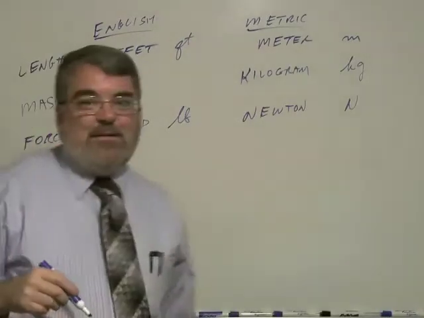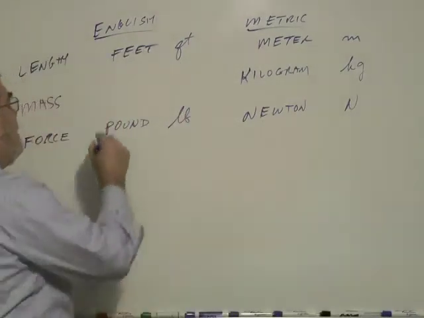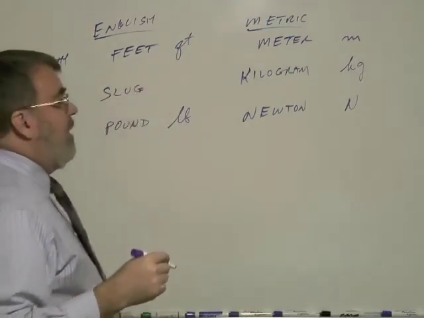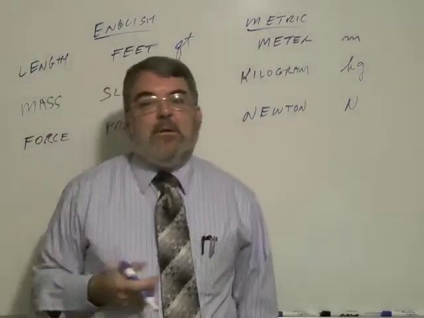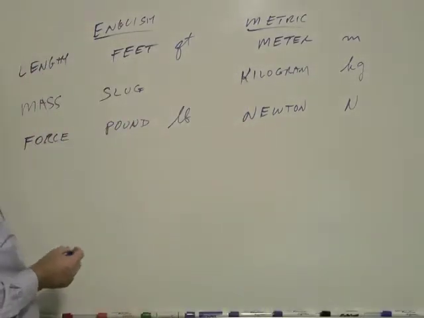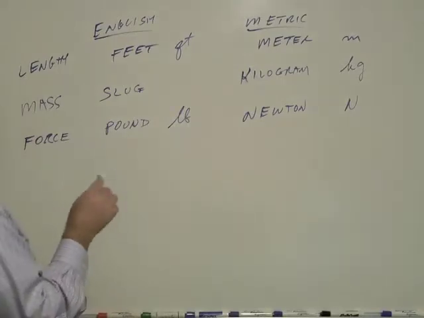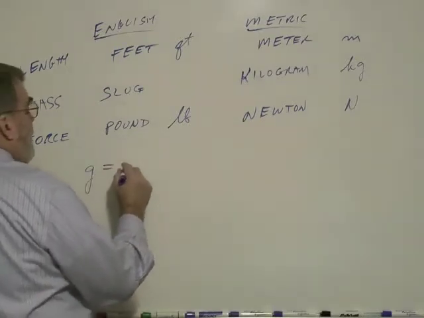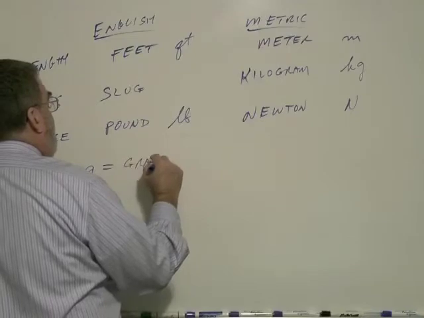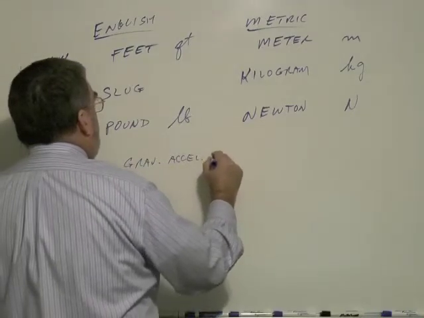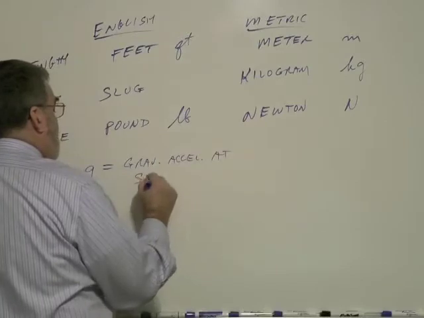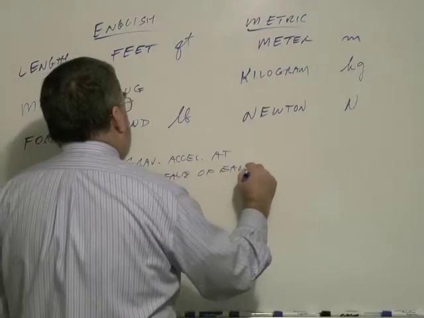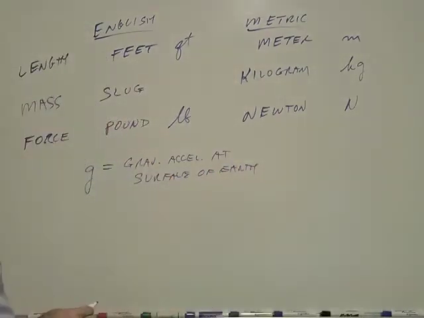What's the unit of mass in the English system? Well, it's a word we don't hear much in this context, and it's called the slug. I'm not sure if there's an abbreviation for slug, so I'll just write slug. Now, the gravitational acceleration at the surface of Earth is abbreviated by little g.